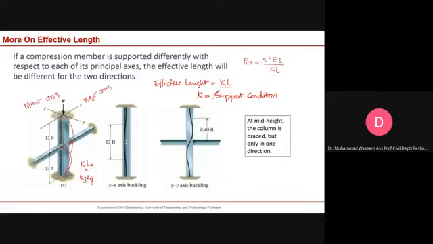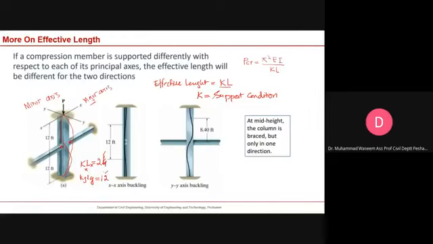About the x or major axis, the KL value will be about 26 feet, sorry, 24 feet. And along the y-axis the KL value will be 12 feet.